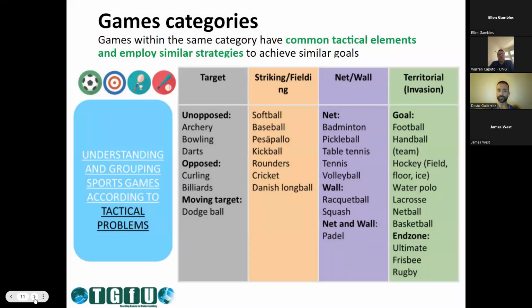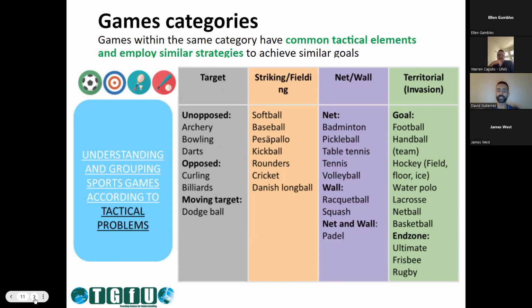So as I said before, if we are thinking in games and taking into account the essence, which is the tactical problems, we can group them in 4 categories: target game, striking and fielding, net and wall, and territorial or invasion games. Each of these categories can be categorized into subcategories.